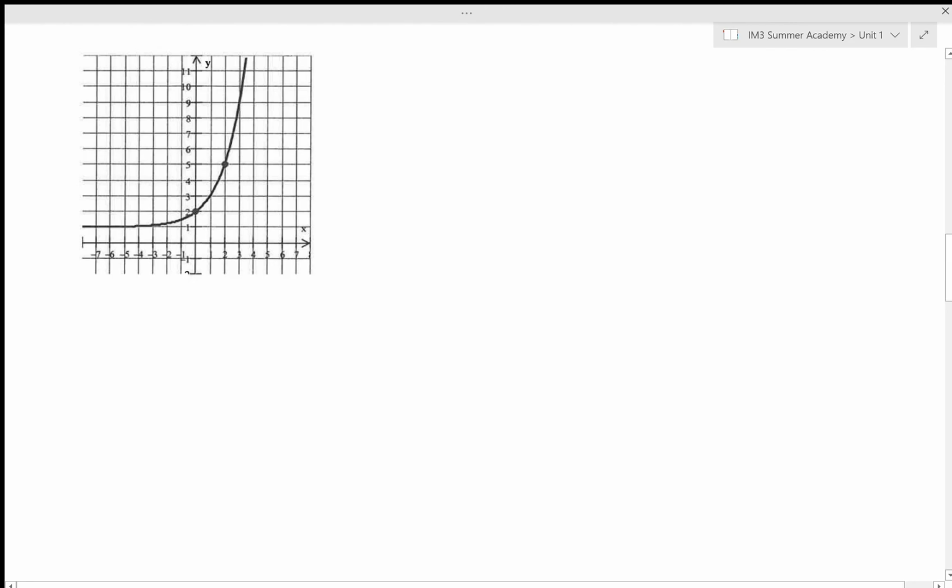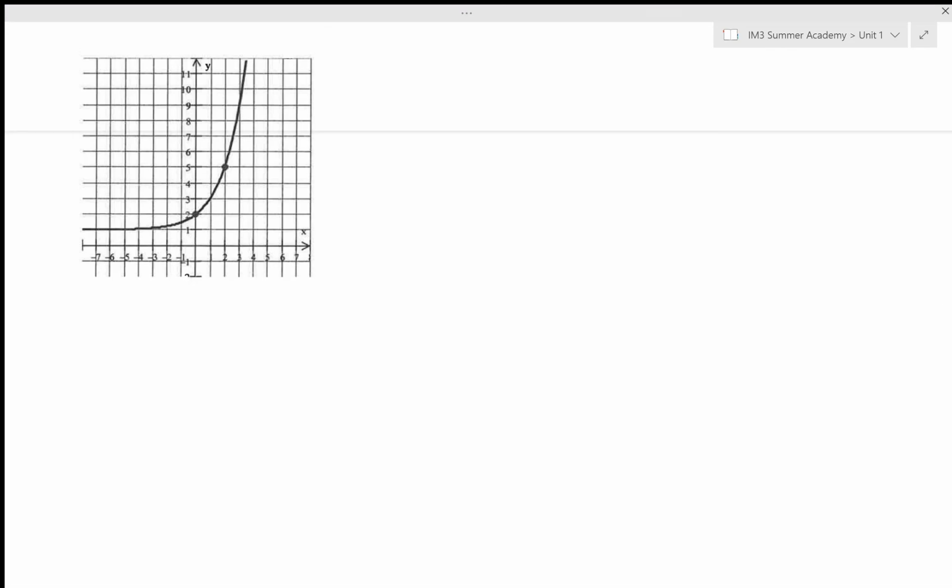We have a first example coming up here. So what we're going to look at is the graph is already going to be made for us. We want to analyze it. All right, we're going to analyze these, talking about domain, range, and identifying the asymptotes. So first thing we want to find out is what type of graph it is, whether it's exponential or logarithmic. The easiest way to tell is to look at its asymptotes.